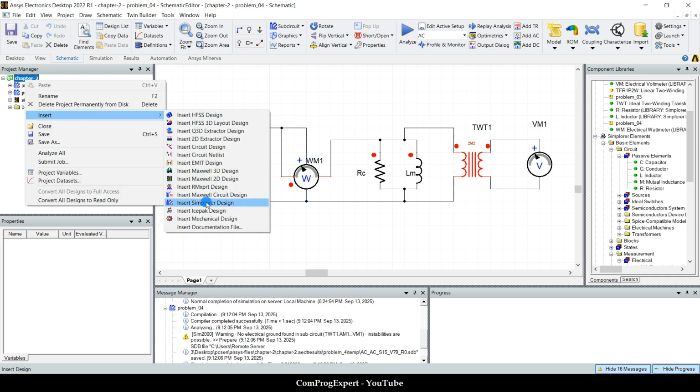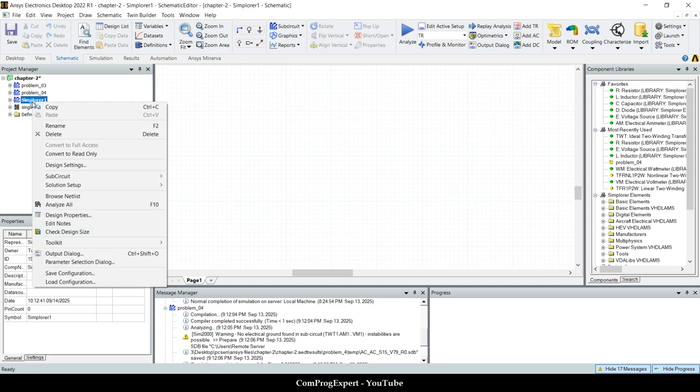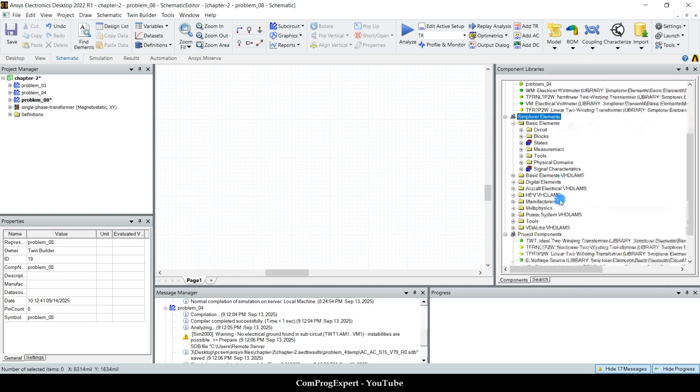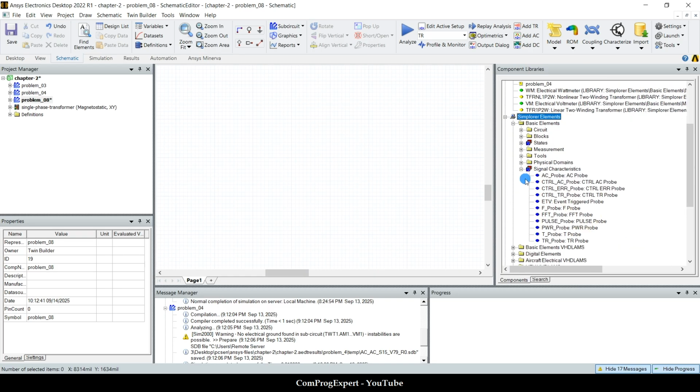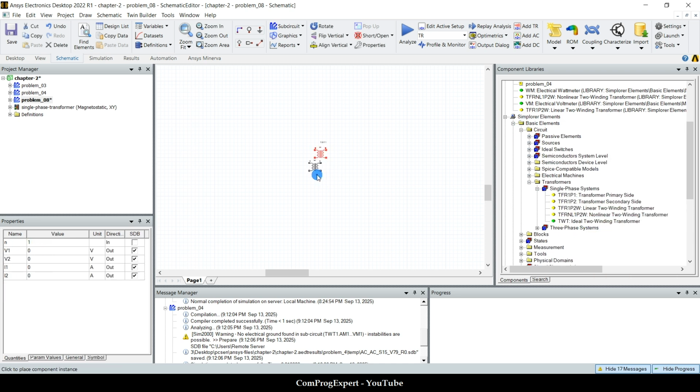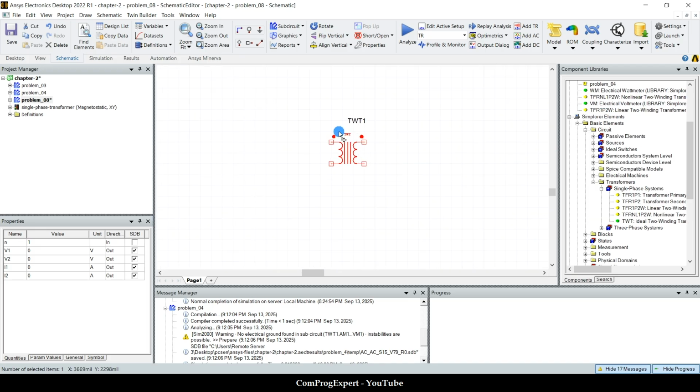Problem 8. So let's rename this to problem 8, and let's add this transformer from circuits. We can use this two winding transformer, this ideal one.